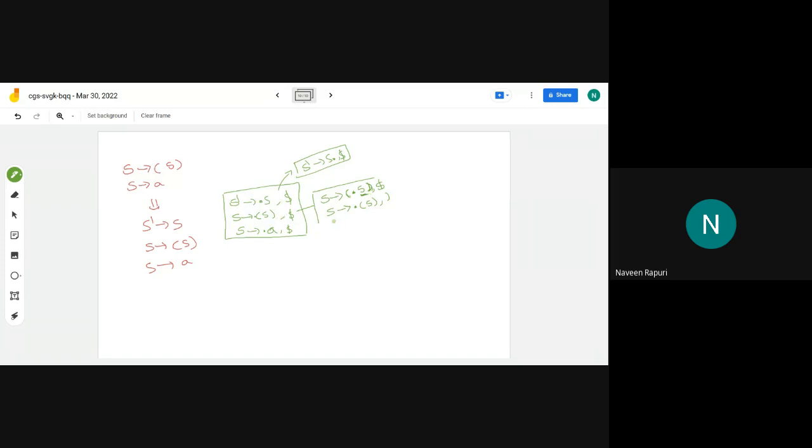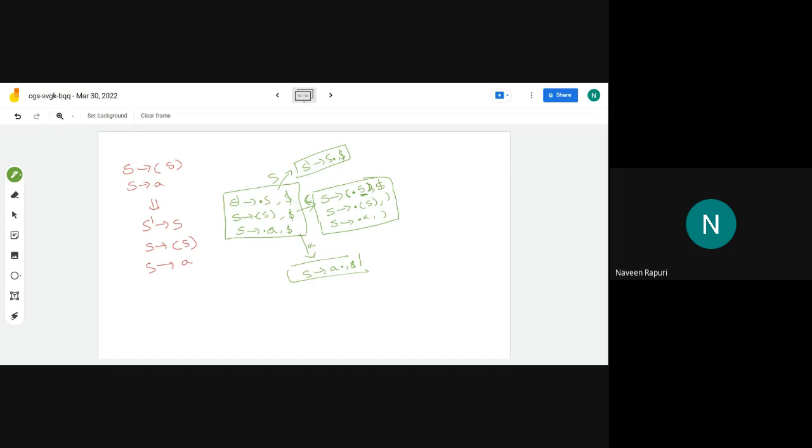So then S derives dot a comma that one. By expanding this one, we will get S derives a dot comma dollar sign. Here it is on small a, and here it is on open parenthesis, and here it is on open parenthesis.